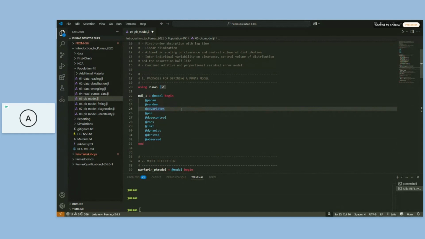@vars is more like variables. It's an area for shorthand notation that may or may not be used. It just depends on your coding style, and it can help you so you're not having to fill up the model.